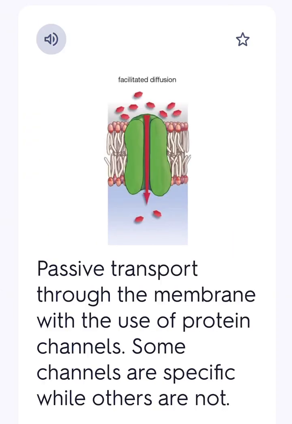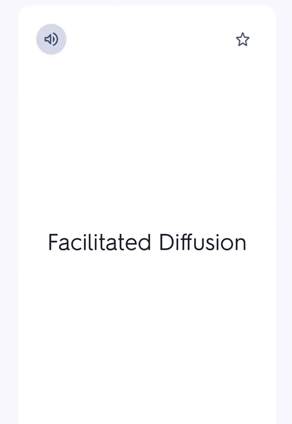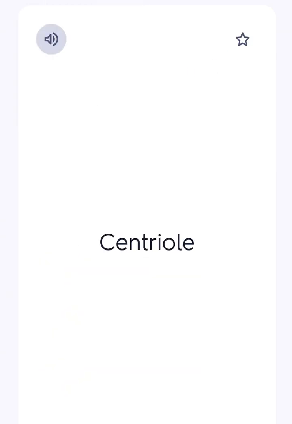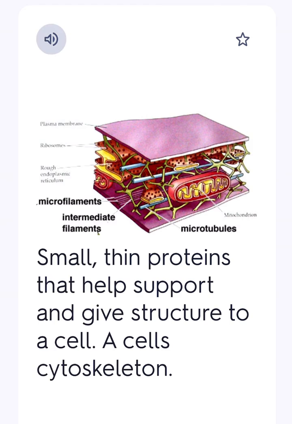Passive transport through the membrane with the use of protein channels. Some channels are specific while others are not. Facilitated diffusion. Helps align chromosomes during cell division. Centriole. Small, thin proteins that help support and give structure to a cell. A cell cytoskeleton.